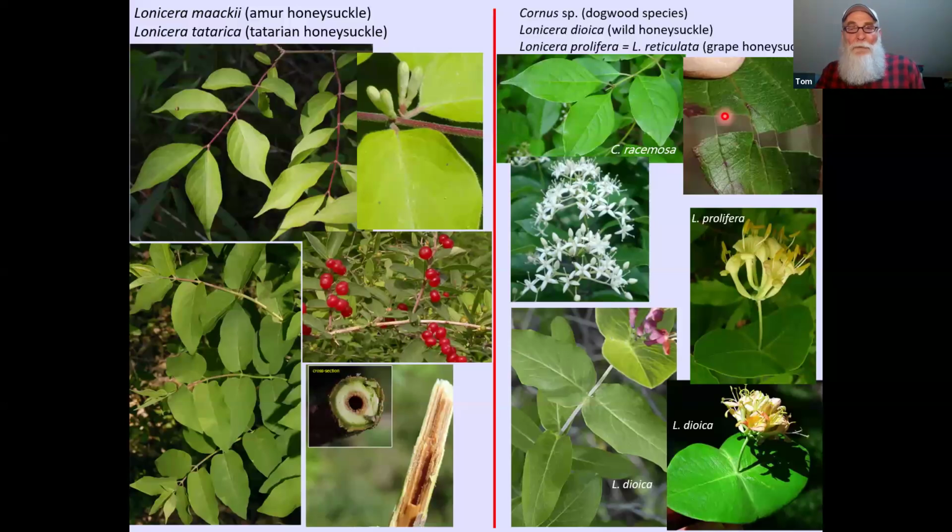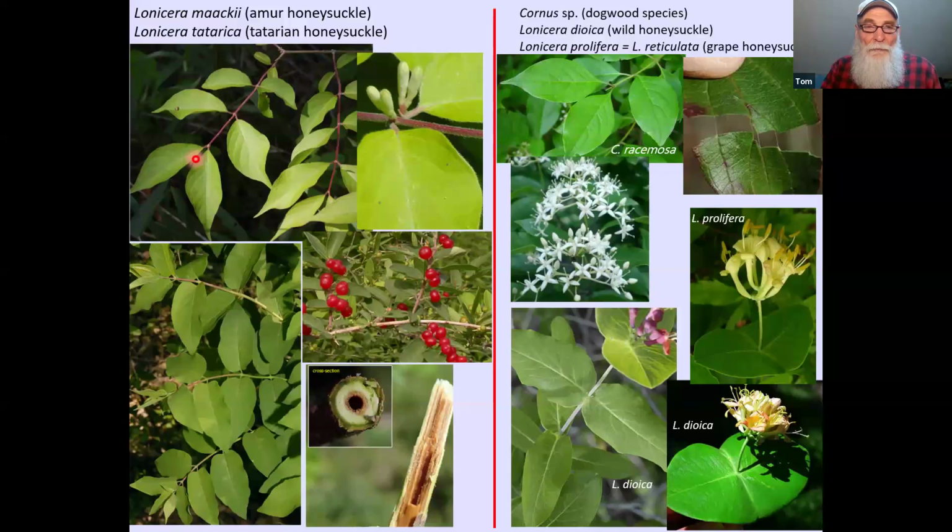So that's very different from the dogwoods over here that have these clusters of flowers. The clusters of flowers come off the tips of the branches in a very large cluster. And there'll also be a cluster of fruits, and they're called drupes in the dogwoods. But of course, you can always look at the leaf.